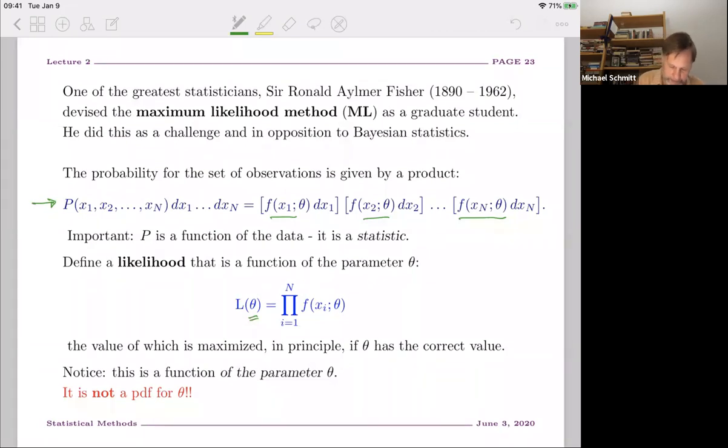This is not a PDF for theta. Why? Because if we integrate over theta, we don't get unity. It cannot be viewed as a PDF. If, and this is a parenthetical thing, we multiply the likelihood by a PDF, and if we normalize the product properly, that is then a PDF for theta. That's what Bayes' rule is about, but we're not doing that right now.